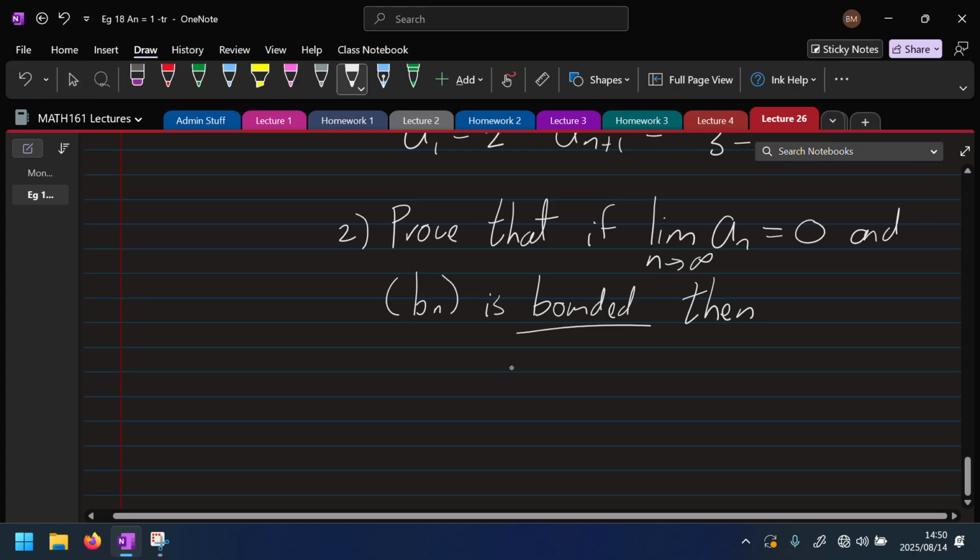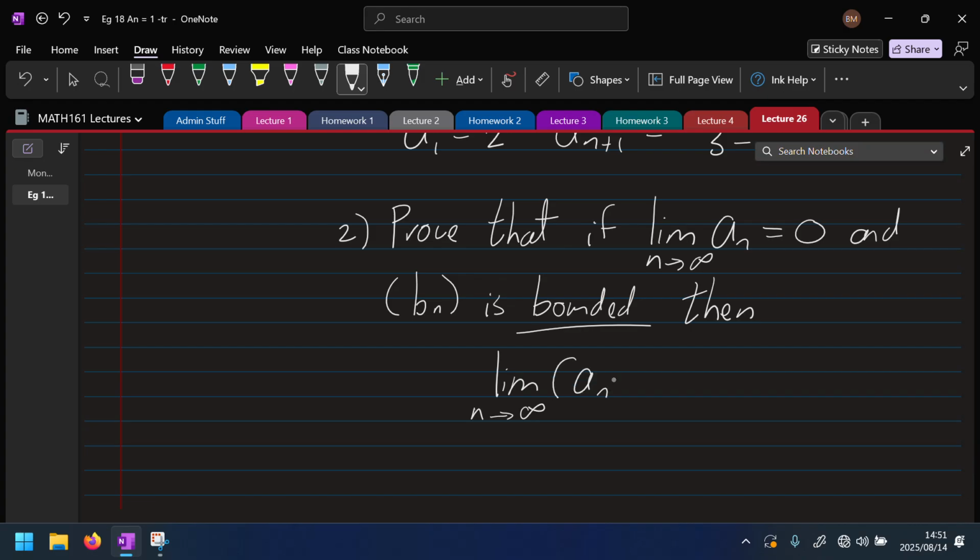Then the limit as n goes to infinity of a n b n is 0. Looks like a very nice exam question, or maybe a sub question. I don't know yet.